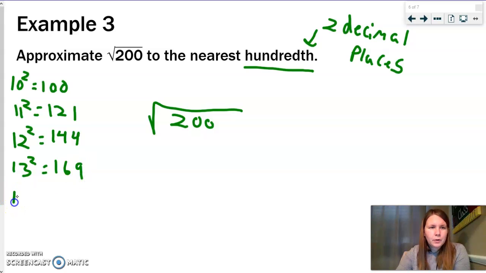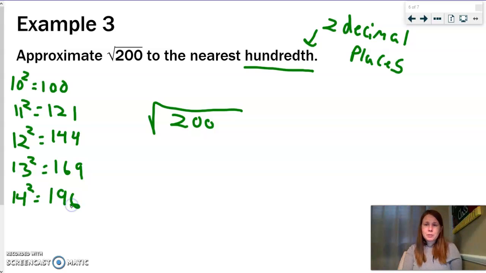Now, we didn't talk about 14 squared. In this case, I'm okay if you want to grab a calculator to double check, but that would mean 14 times 14, which gives me 196. So we're close, but not quite to 200. What about 15 squared? So 15 times 15.